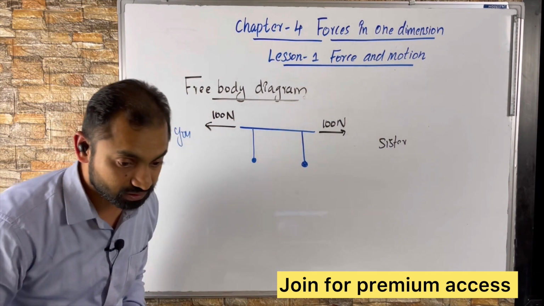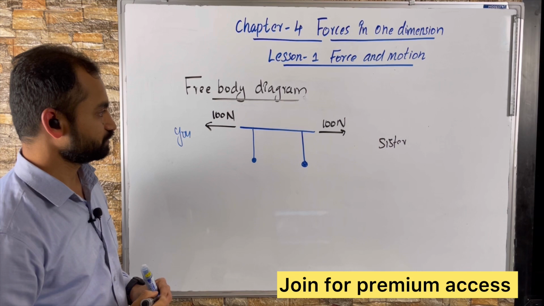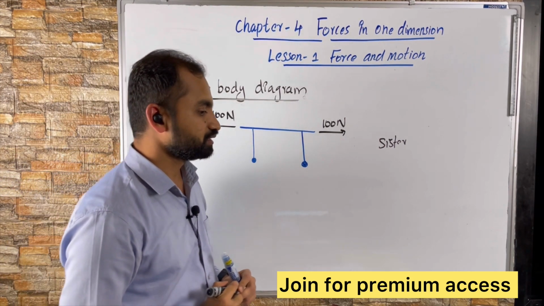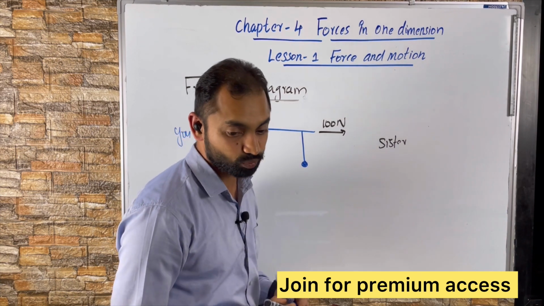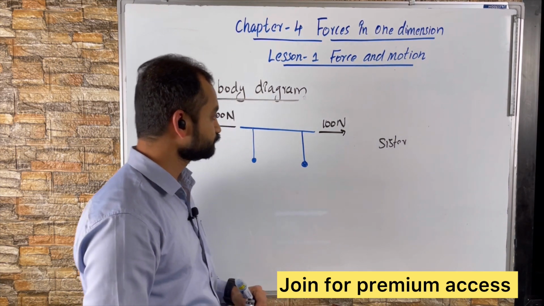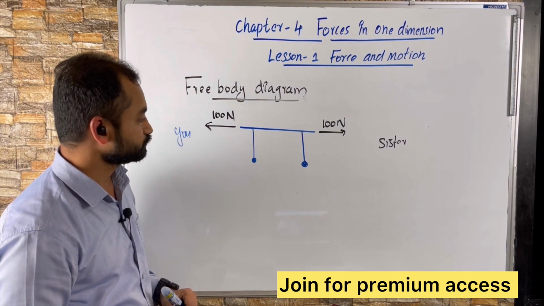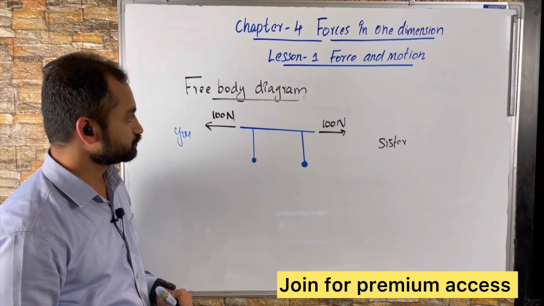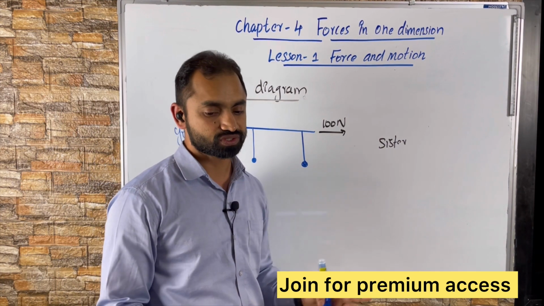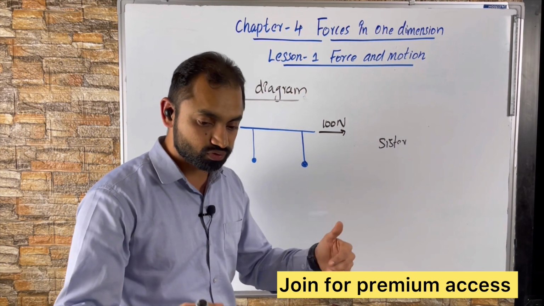In which direction will the table move? Stationary, it will not move, right? Why is it not moving? Very good, because equal forces are applied in opposite directions, so both forces will be cancelled.